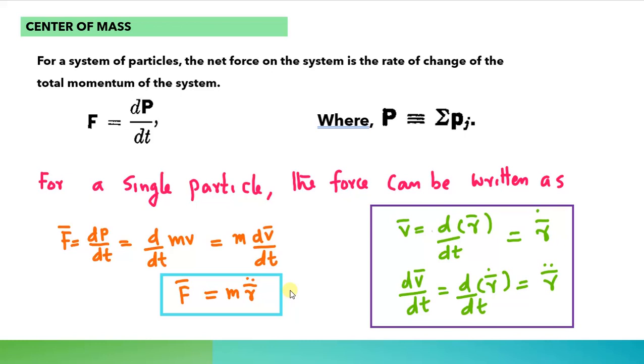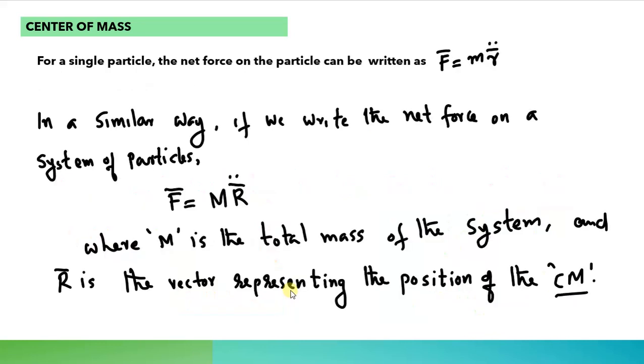In a similar fashion, let us write a similar equation for a system of particles. There are so many particles, all having different position vectors, and we cannot choose a particular position vector. So what will we do? Let us try to write a similar equation.